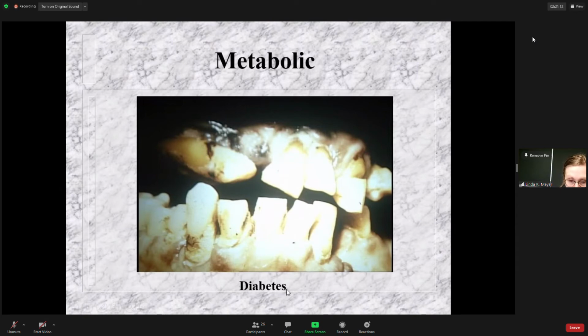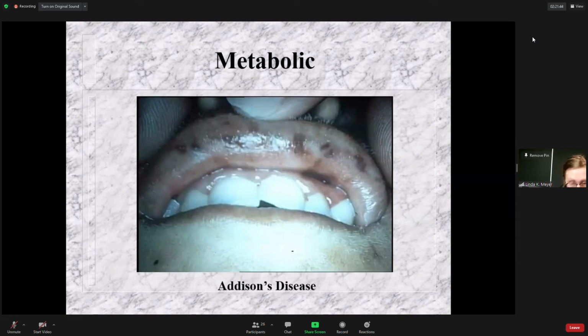Patients with diabetes are prone to periodontitis because, in general, they're more prone to infection. And the more severe the perio disease is, it can actually impact a patient's diabetic control. So that's a good example of the interplay between systemic disease and oral disease. But again, I'm going to emphasize it's going to be covered extensively in your perio class.